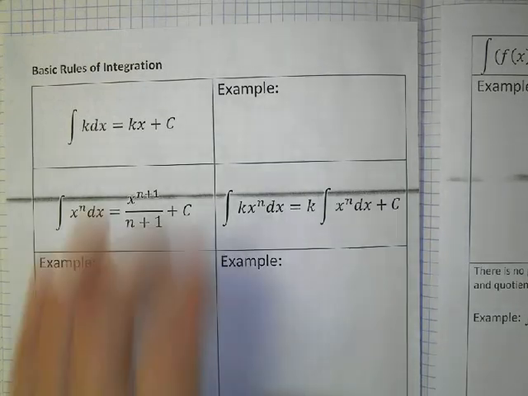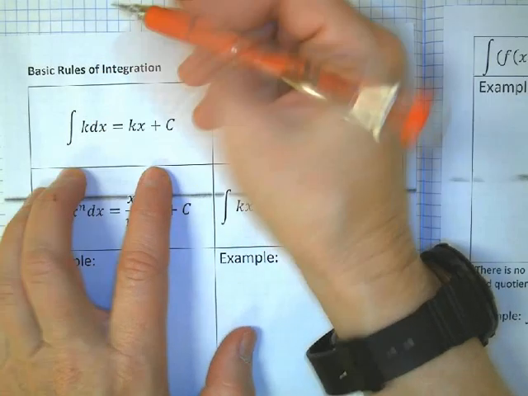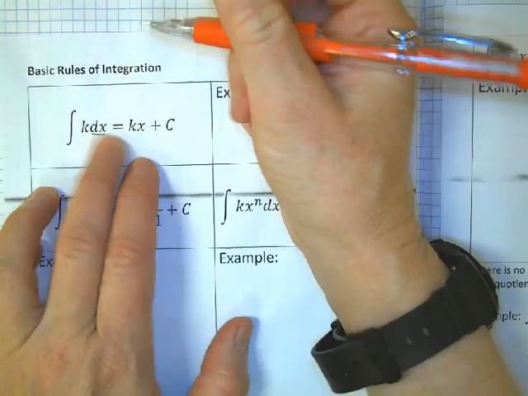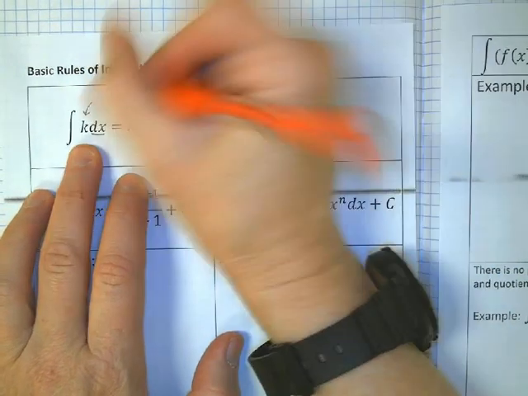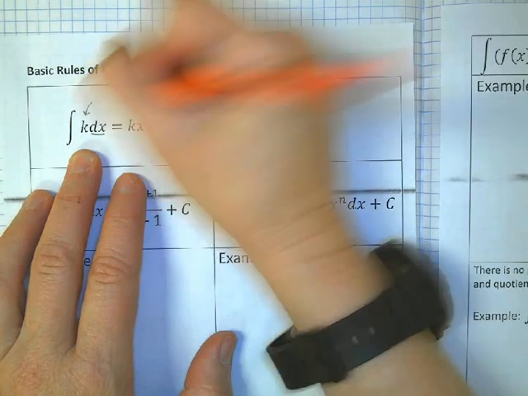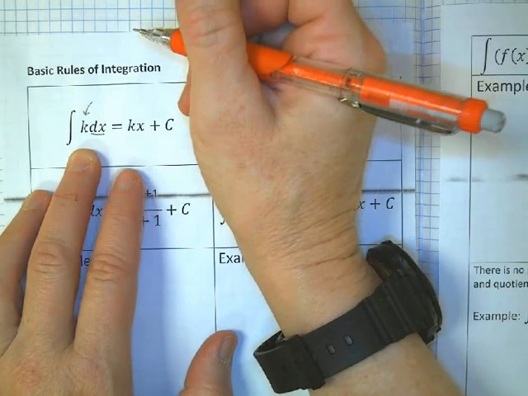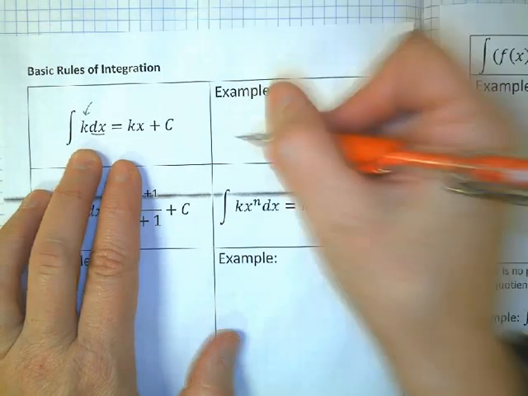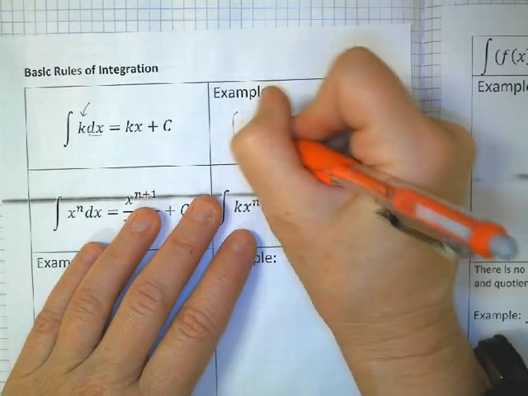So here's the formula. I want to integrate k dx. Notice it's asking me with respect to x, but there's no x here. This k is a number. It's a constant. It's some number, we just don't know what it is yet because this is a formula. For example, I could ask to integrate 3 dx.